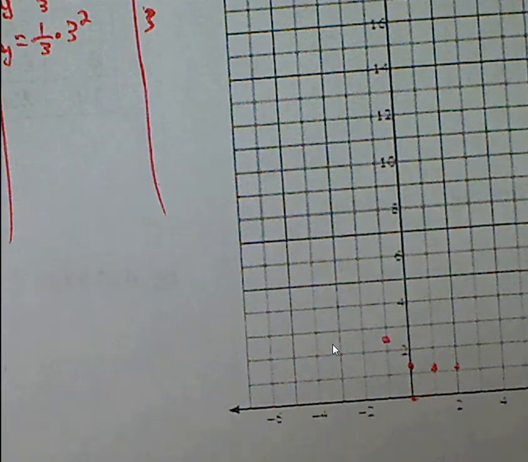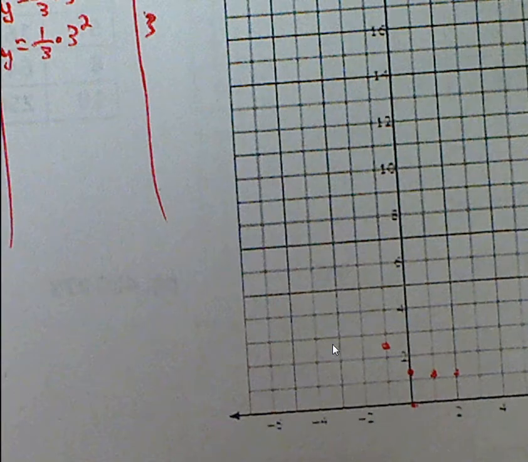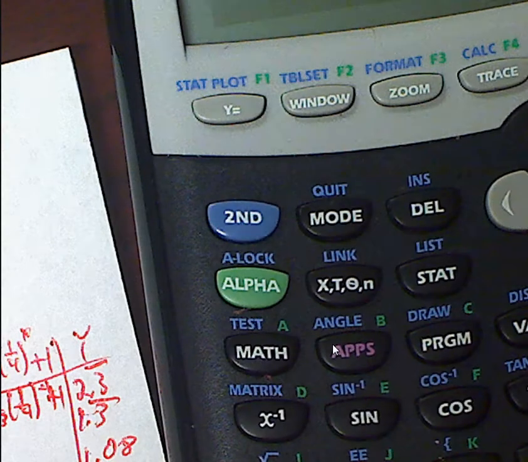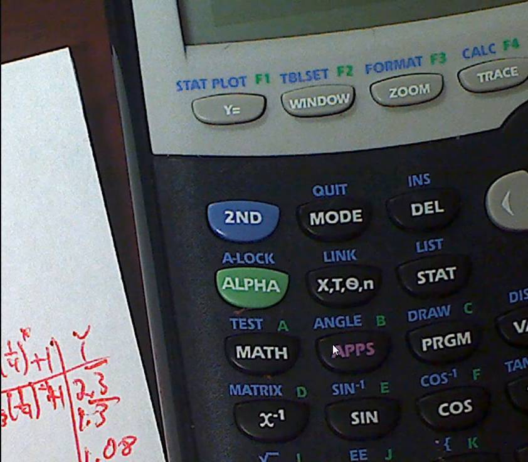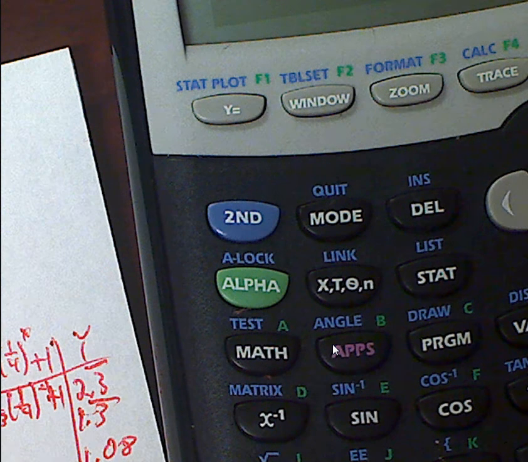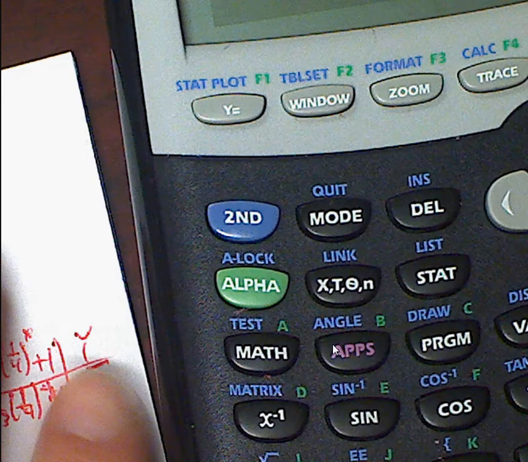Okay? Let's go ahead and plug in one more. Let's plug in -2 and see what happens to help us out slightly. So if I plug in -2, that would be 1 divided by 3 times 1 divided by 4 raised to the -2 plus 1. Let's see what happens here.